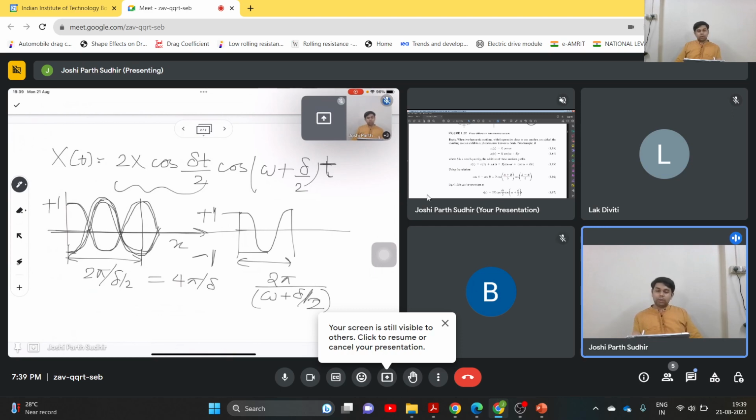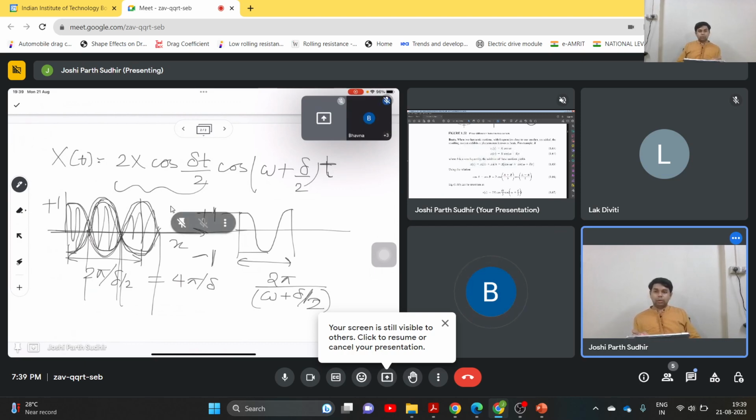This is the outer sine wave envelope. You can see that this pattern is occurring twice in one cycle, right? Yes, sir. So the resultant sine wave is inside this.